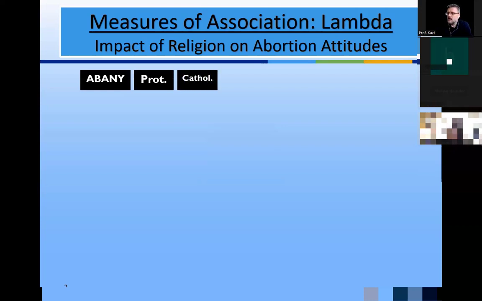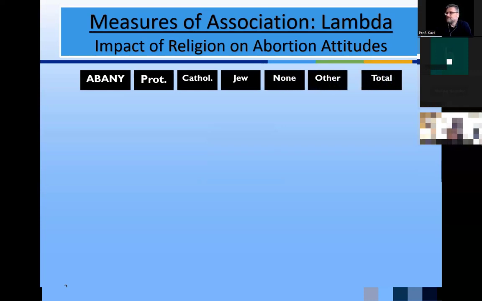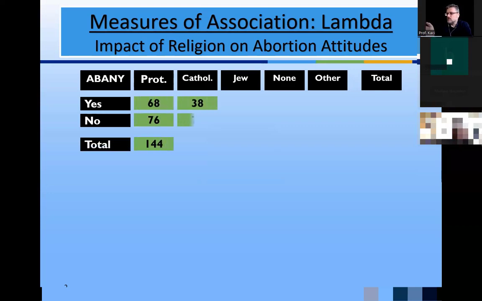So on the column, we'll have the religion, or different religion denominations. And on the row, we have the attitude about abortion, whether they favor or oppose abortion for any reason, okay? And these are the numbers that we have, right?